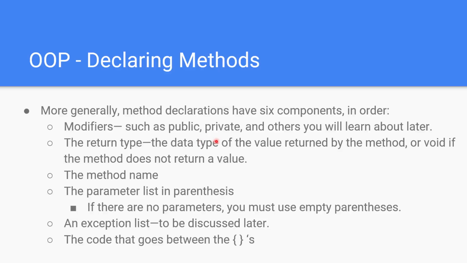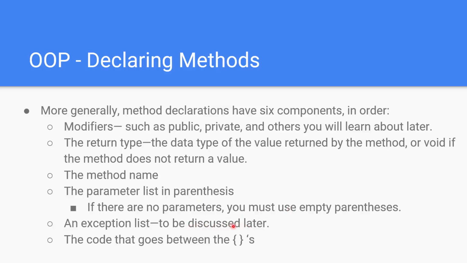So more generally, method declarations have these 6 components. There is some modifier or visibility, so public or private, and we'll discuss that shortly. Again, there's some kind of a return type. If nothing is returned, it would be void. The method name, which we just saw, the parameter list in the parentheses, and if there are no parameters, we have the empty parentheses.